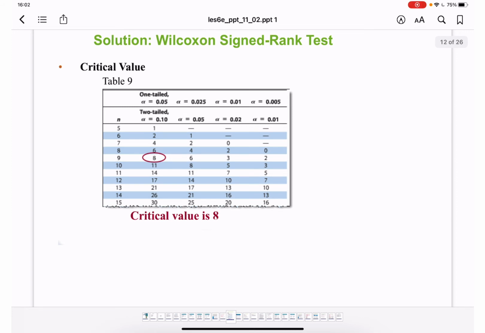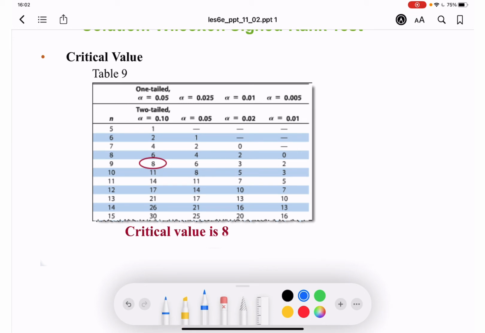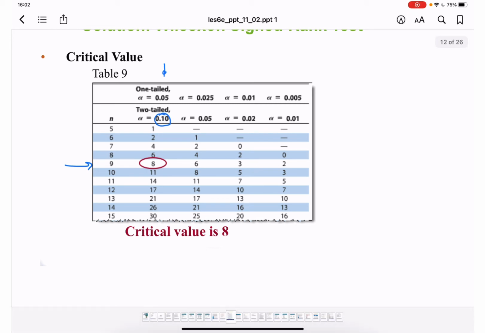Since we have a total of 9, because we eliminated 10 as there was no difference, and one tail is 0.05, for two tails it's going to be 0.1, multiplied by 2, right? So for two tails we get 0.1, and therefore our critical value is going to be 8. Okay, we got our critical value.